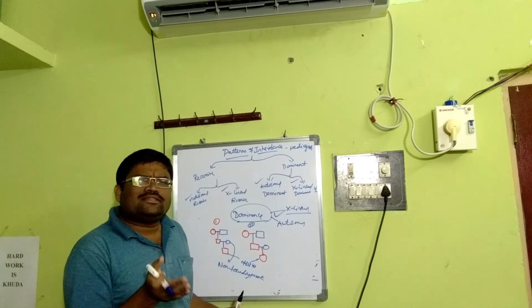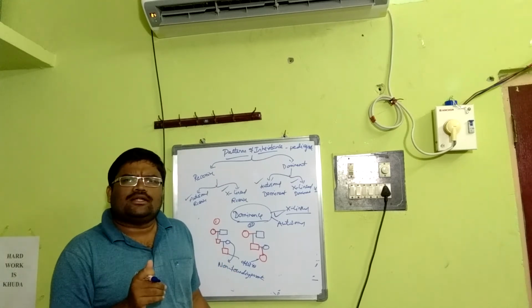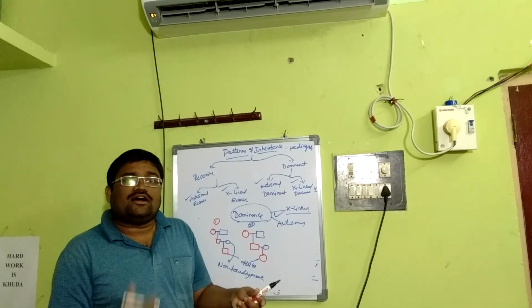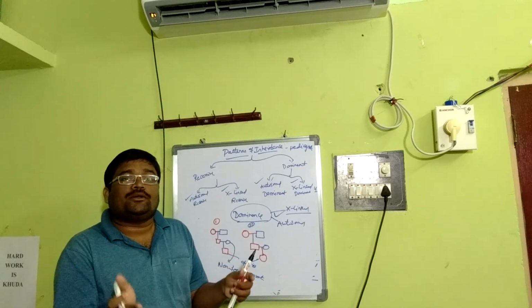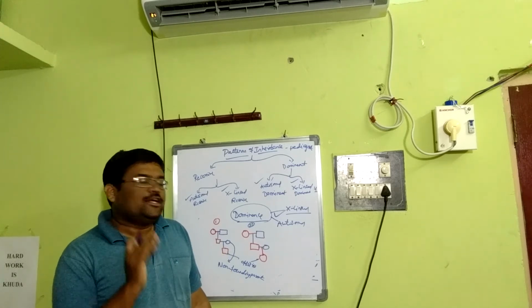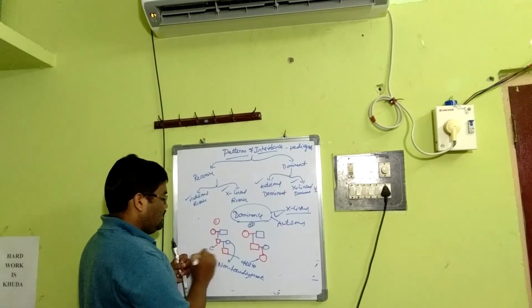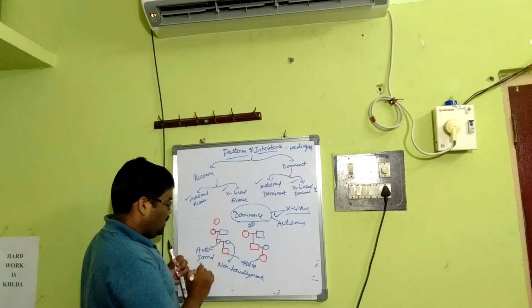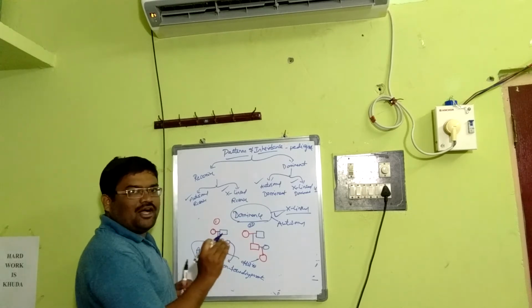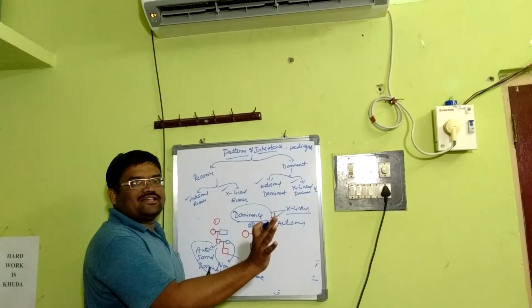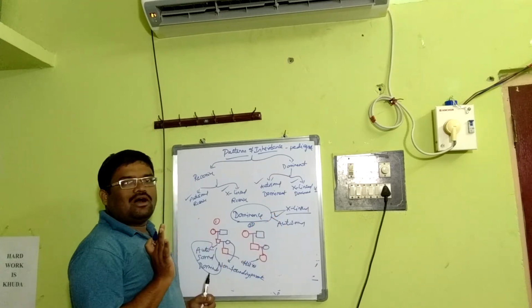The first answer to the question of whether it is X-linked dominant or autosomal dominant: it cannot be X-linked dominant, because from the father only the Y chromosome will get inherited. Therefore, it should be autosomal dominant. The point is simple. Father leads to son through the Y chromosome. Here there is no possibility of X-linked. Therefore, it should be autosomal dominant.